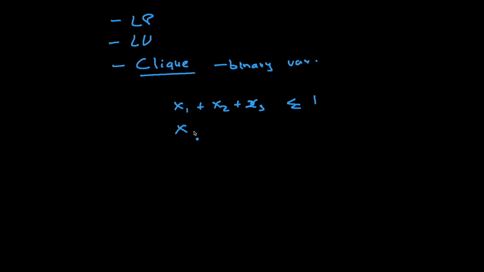And if we have one more constraint, x1 plus x2 plus x3 plus x4 is less than or equal to 1, that means only one of these four variables can be equal to 1. So this constraint is a subset of the other, which makes it redundant, and we can detect that. That is also a slightly faster way, since cliques are maintained in clique tables, so we don't have to compare each pair of rows.